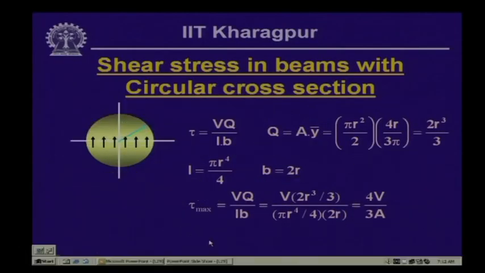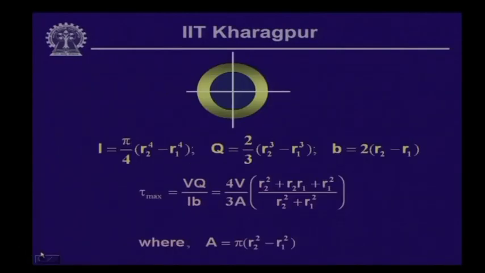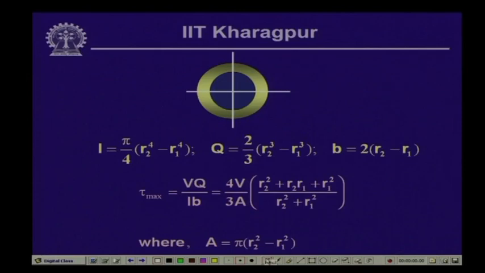Now, this can be extended to the cross section which is like this, an annular or tubular section, where this part is open, and let us assume that the outer radius is r 2 and the inner radius is equal to r 1.